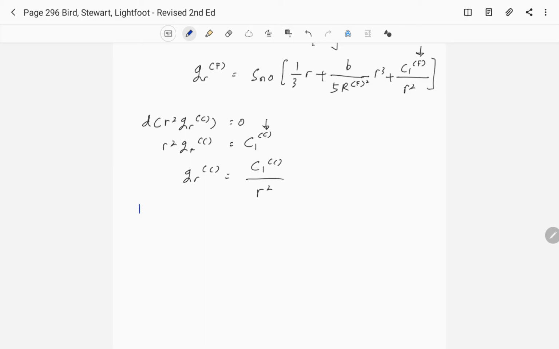The first 2 boundary conditions: BC1, at r equals 0, q_rf is finite, so it means not infinite.